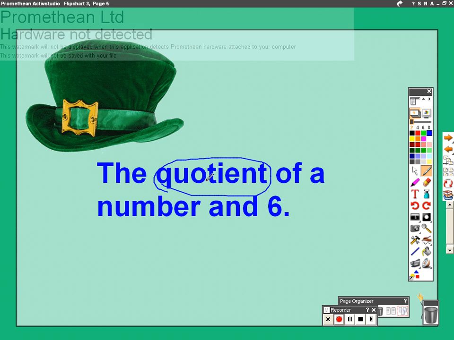When they give you the quotient of a number and another number, the first number is your numerator. The second number is your denominator. So the quotient would be a number. I don't know what the number is, so I'm going to use n, and 6. So remember, quotient, they're going to give you the numerator and then the denominator.